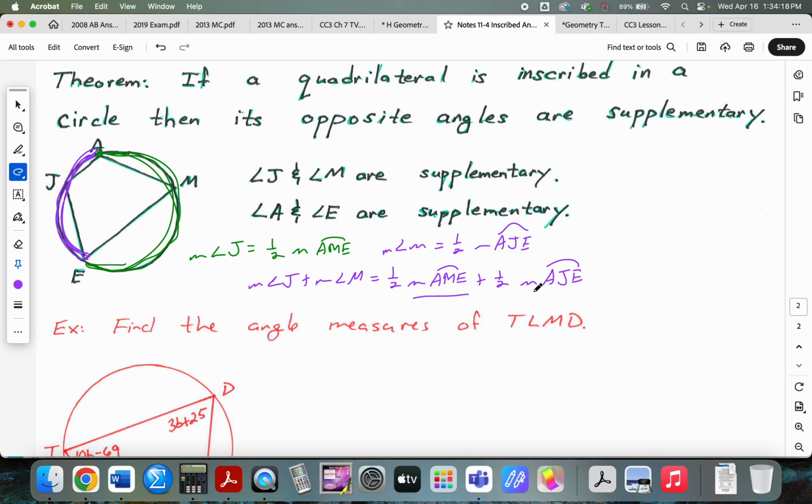Well, what do these two arcs add up to? 360. So if we take half of each one of them and add them together, we're going to get 180. That's why these two angles are always going to be supplementary. It's always the opposite angles that are supplementary to one another when you have a quadrilateral inscribed in a circle.